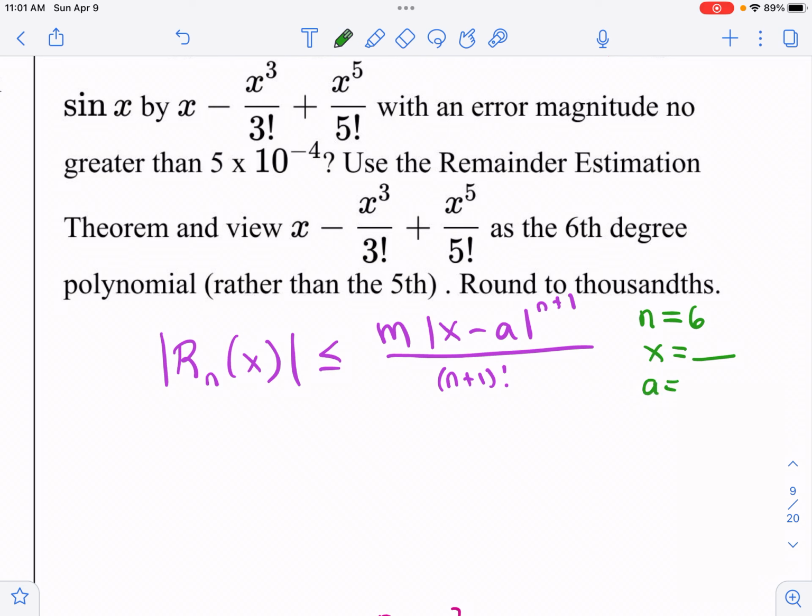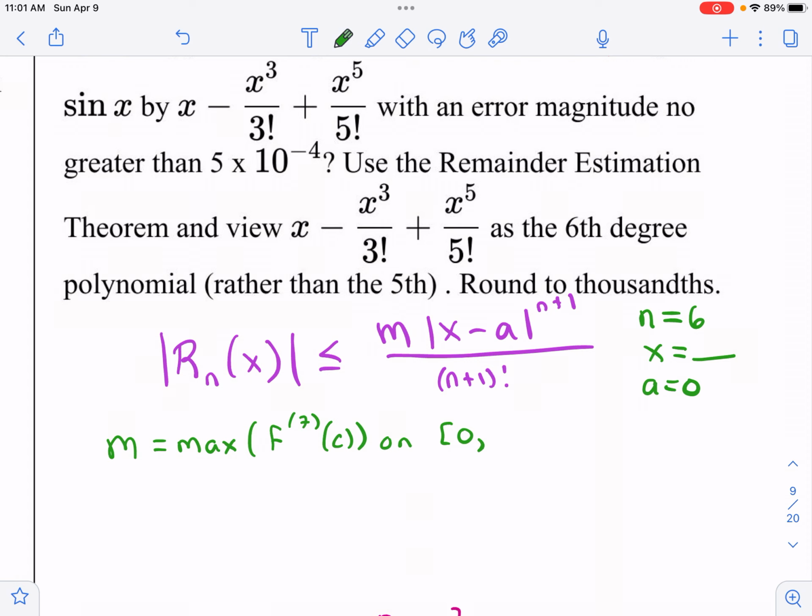This is clearly centered at 0. And then there's an m. Remember, m is a maximum of the n plus first derivative. So if we're using n equals 6, it's the maximum of the 7th derivative on the interval 0 to wherever you're doing your approximation.